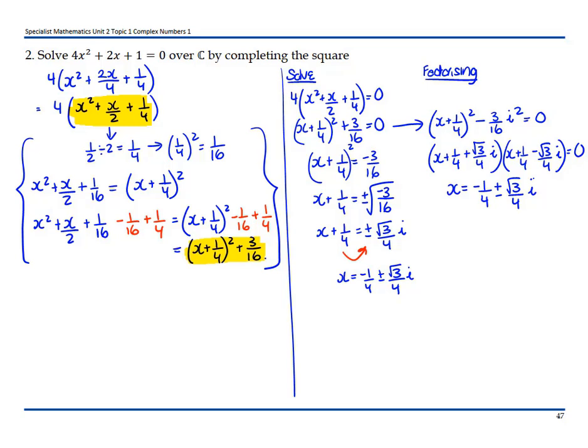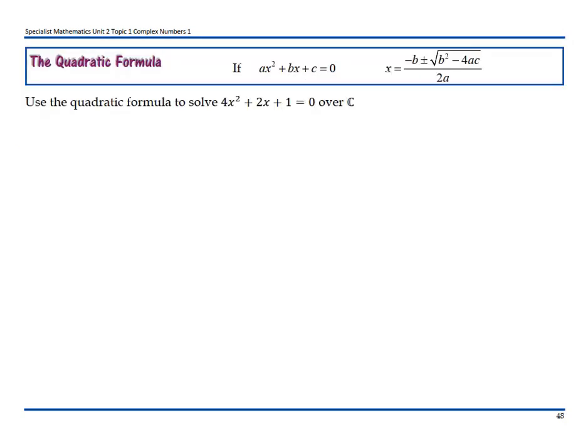And we're done. Now let's use the quadratic formula. So use the quadratic formula to solve 4x squared plus 2x plus 1 equals 0. So our a equals 4, our b equals 2, and our c equals 1.